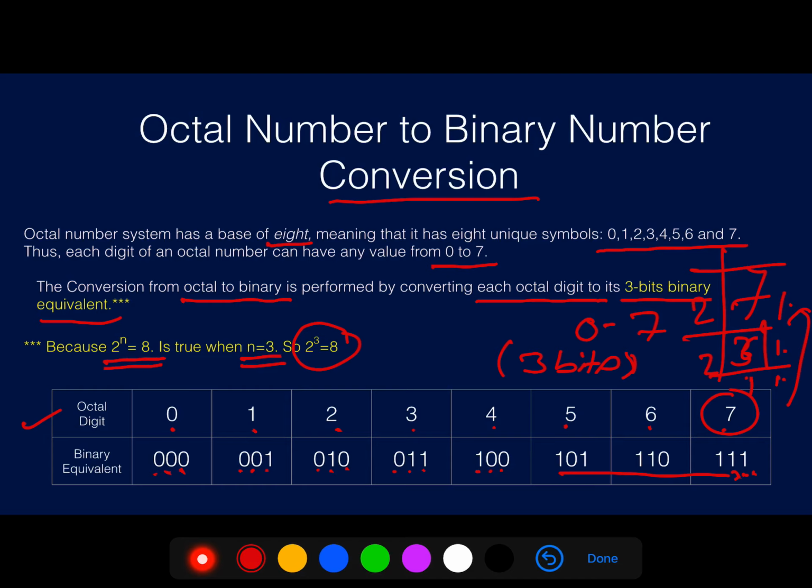So if you initially don't have a good idea of the octal to binary equivalent, you can easily do it by converting them like we normally do. These 3-bit binary patterns represent the octal digits. Later on, once you are used to it, you can easily remember this table also.